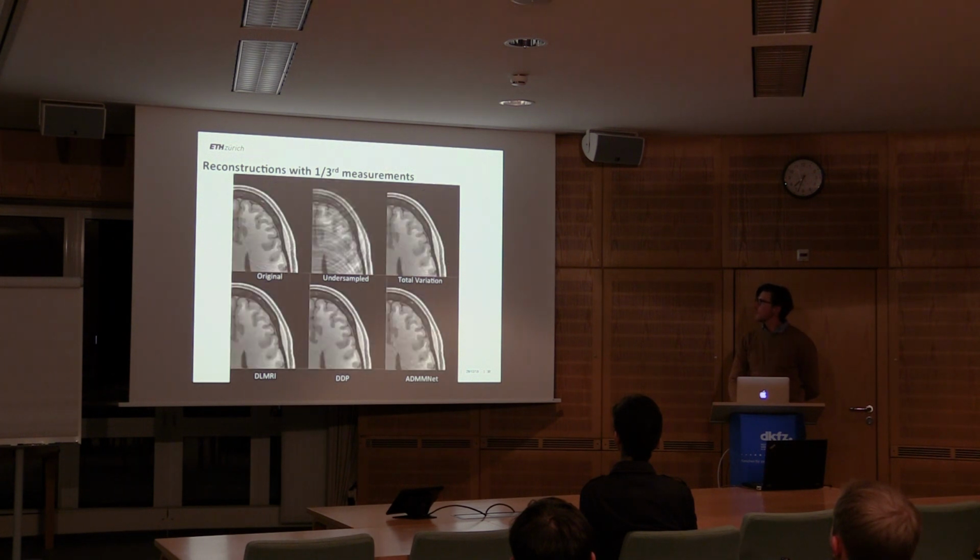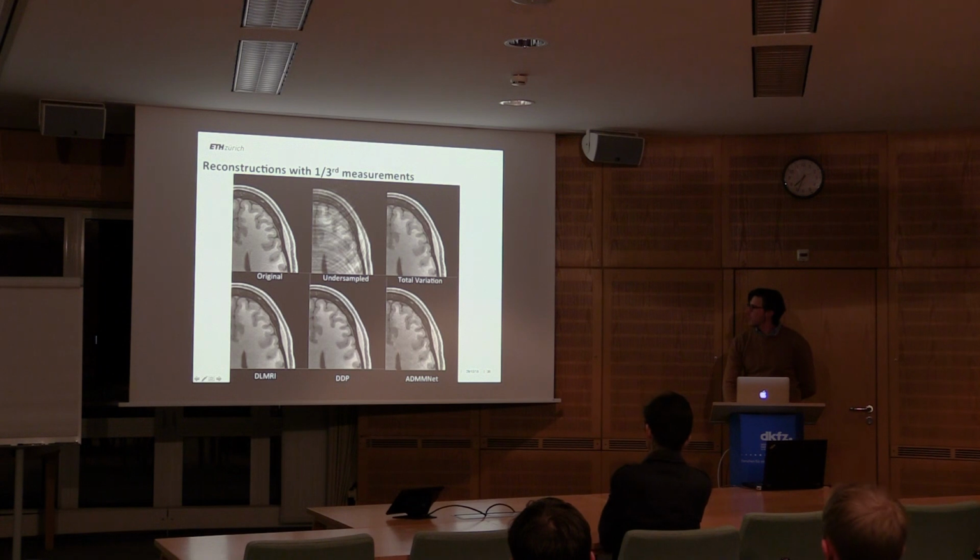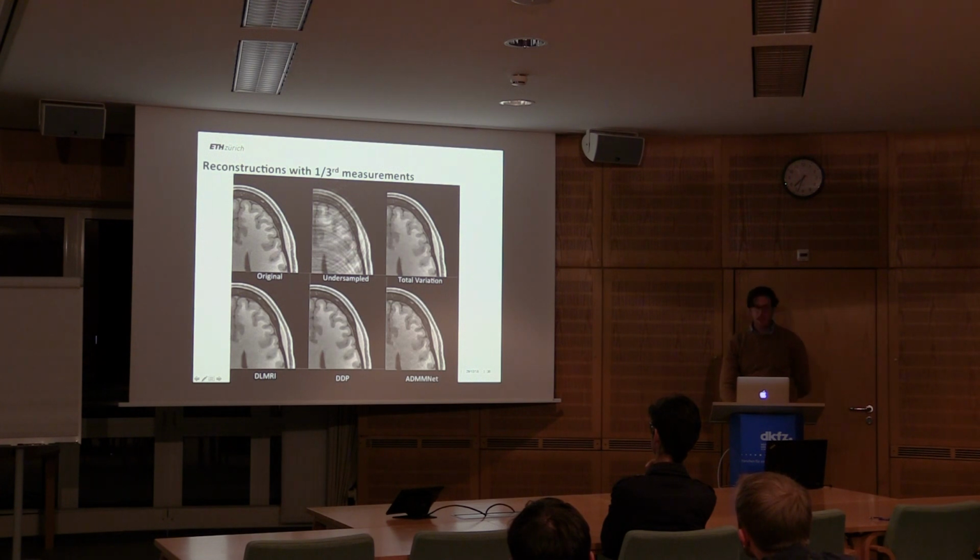Okay. So let's compare it again to the related works. This is our proposed method. It manages to capture these lobes here almost even a bit more nicely than the dictionary learning technique.